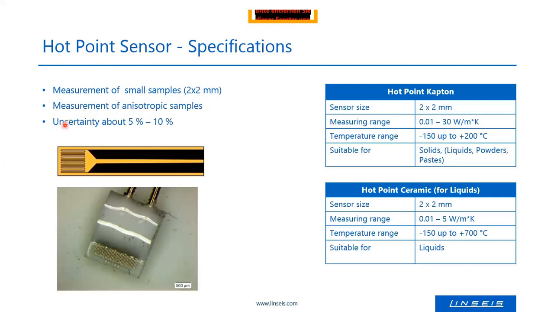The uncertainty is between 5 and 10%, and the measurement range of the Kapton hotpoint is between 0.01 and 30 watt per meter Kelvin. And for the ceramic hotpoint, it's 0.01 up to 5 watt per meter Kelvin.